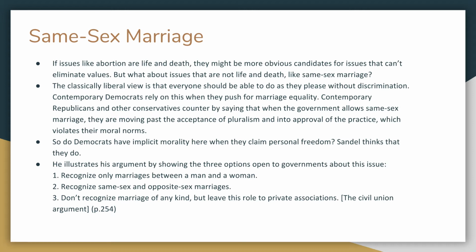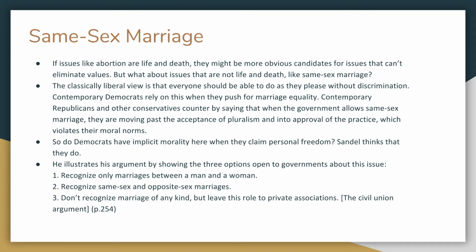So Republicans are moving away from classically liberal territory here when they counter by saying that when the government allows same-sex marriage, they're moving past the acceptance of pluralism. Remember, that's what classical liberals do. They accept the fact that there can be reasonable moral disagreements. And when the government accepts it, they're moving into the approval of the practice.